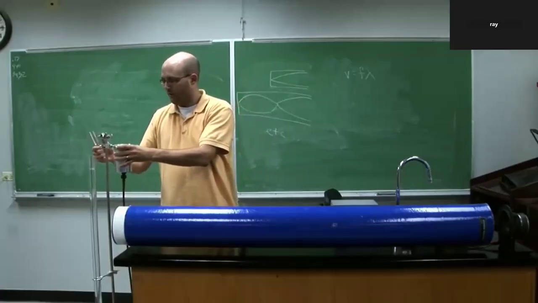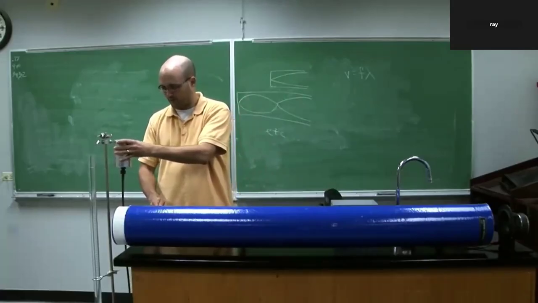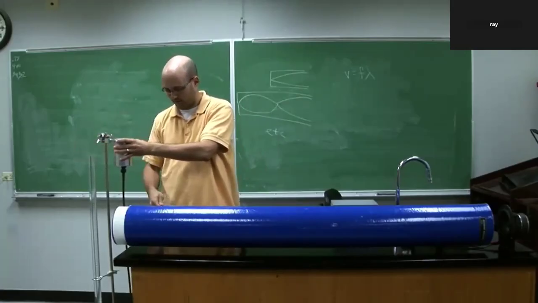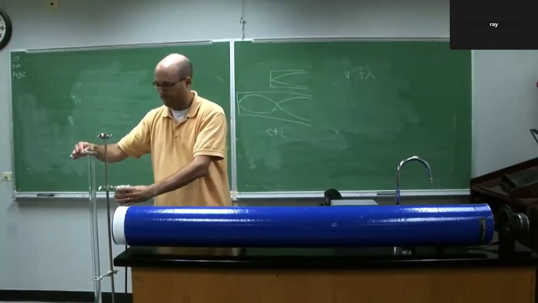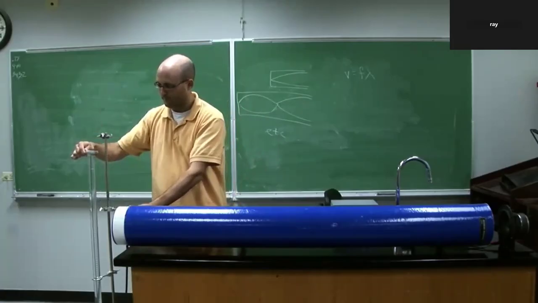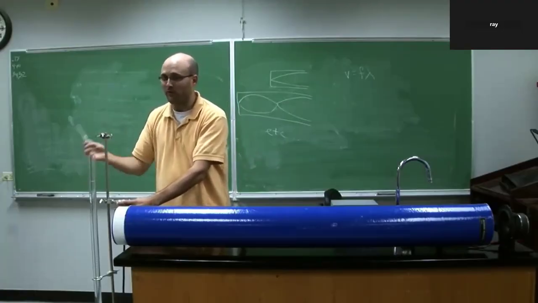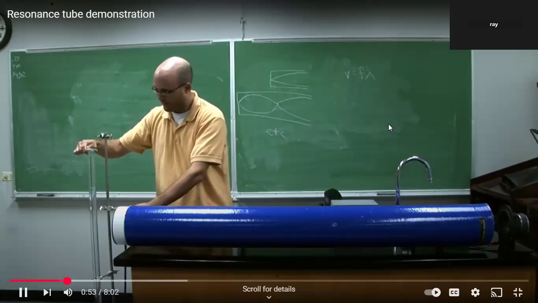And what we find will happen is there'll be certain locations where the volume changes a little bit. So let me show that. I'm going to hit this and put the tuning fork over top of the resonance tube here. So hopefully you noticed there was a specific moment where the sound became louder.